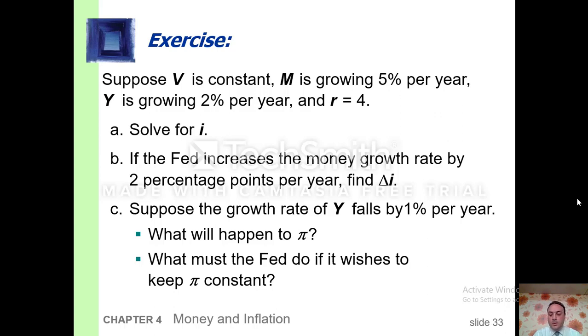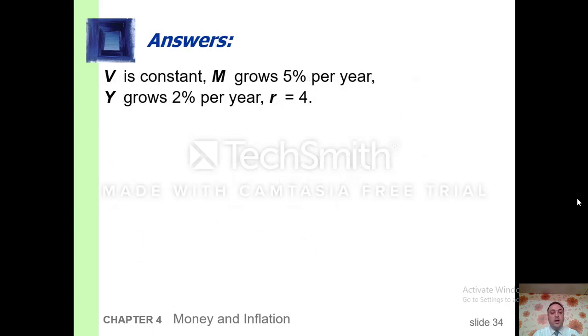Now we're going to see the answers of this exercise. First, we have this information: the money supply is growing 5% per year, the output grows 2% per year, and the real interest rate is 4. To find the nominal interest rate, we first have to find the inflation rate.